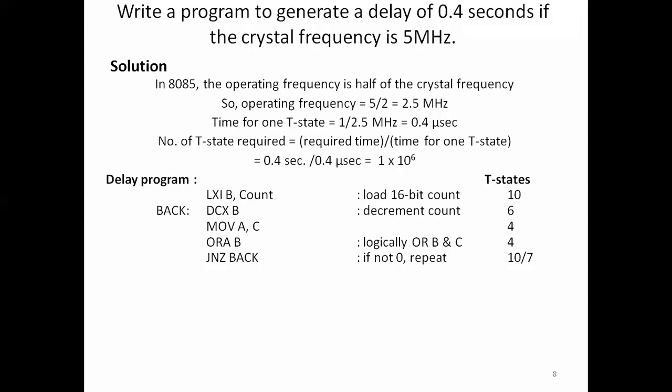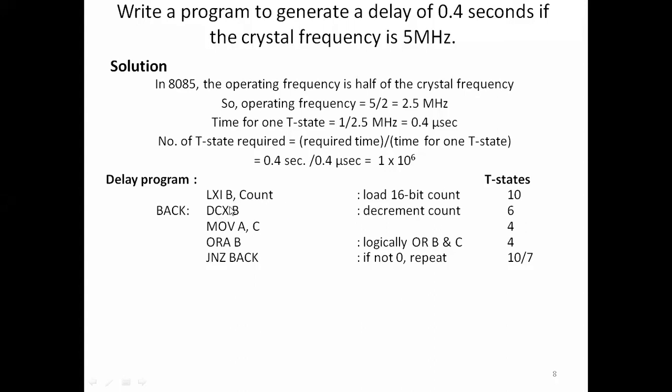Here we are using the BC register pair, a 16-bit count value, loaded by the first instruction, LXI B, count. Now we don't know the value of the count, so it will be estimated later on.